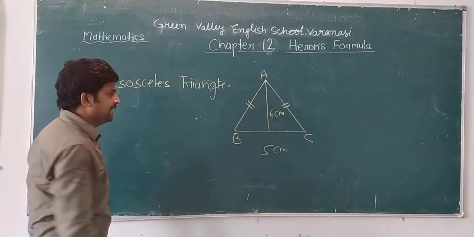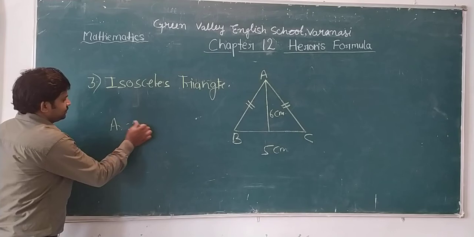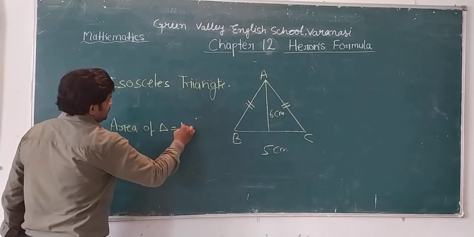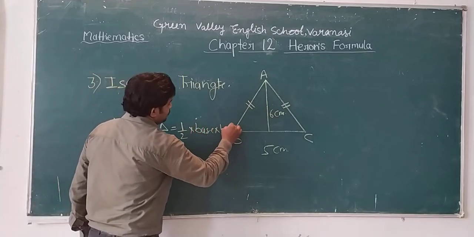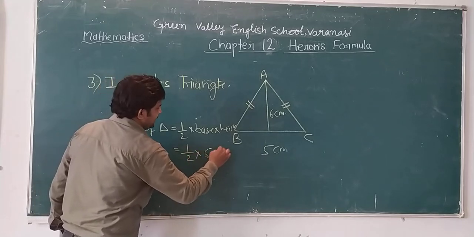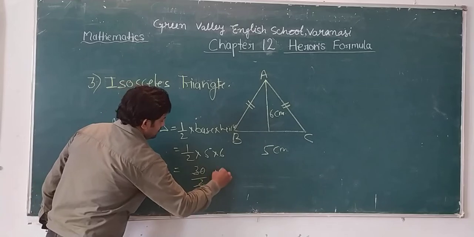Then what is the area of the triangle? Area of triangle is equal to 1 upon 2 into base into height. Then 1 upon 2, base is 5 and height is 6. 30 upon 2, 15.